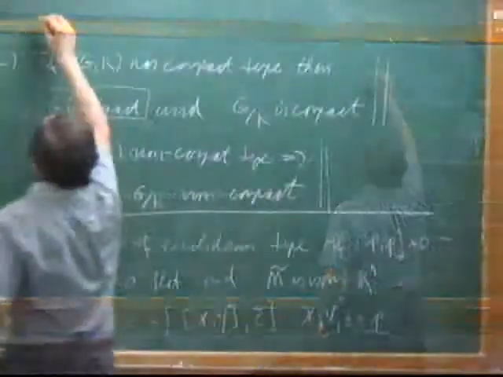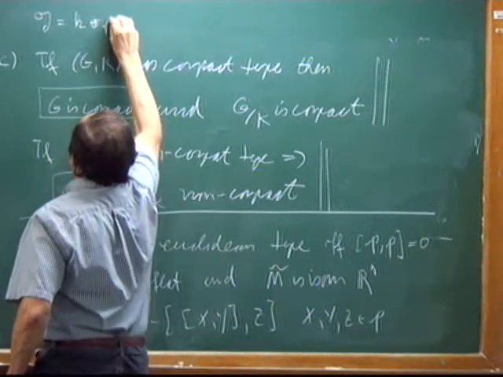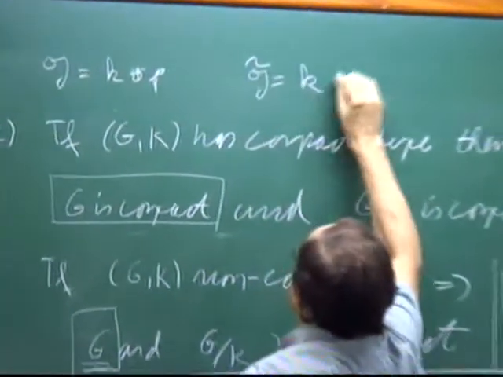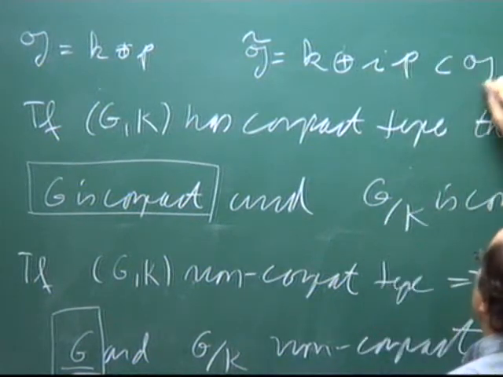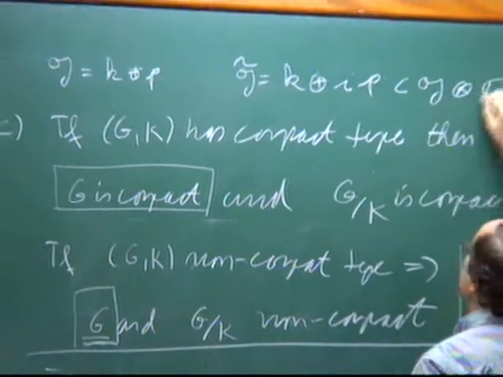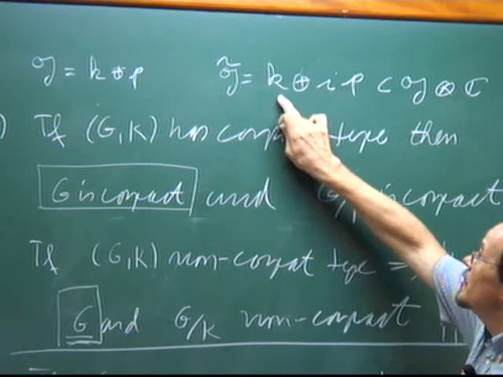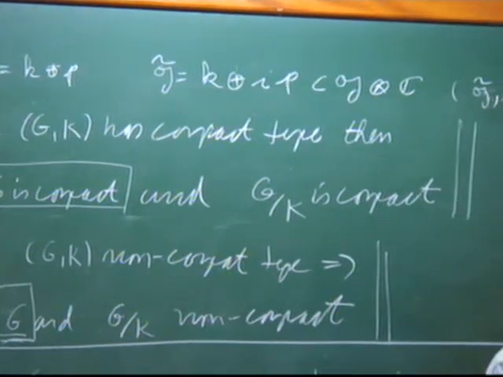So kind of just advertisement. When g is k plus p, a symmetric space, I define a new one, g tilde, as k plus i times p inside the complexification of g, where I'm allowed to multiply by i. And then I claim that this g tilde, comma k, is again a symmetric pair.